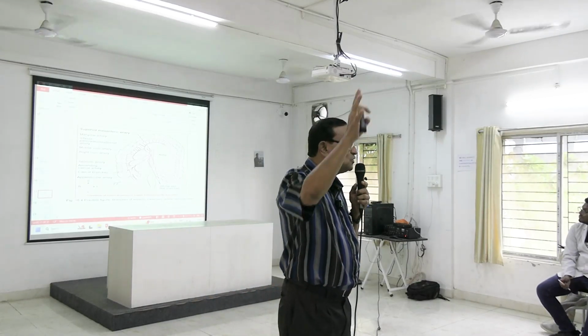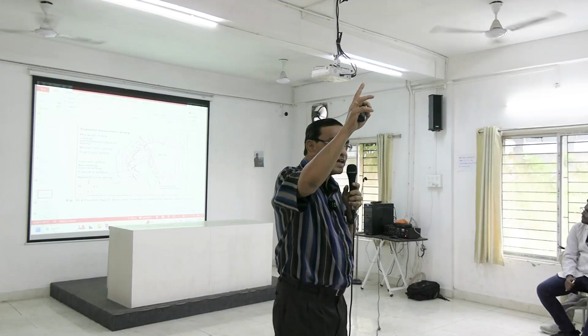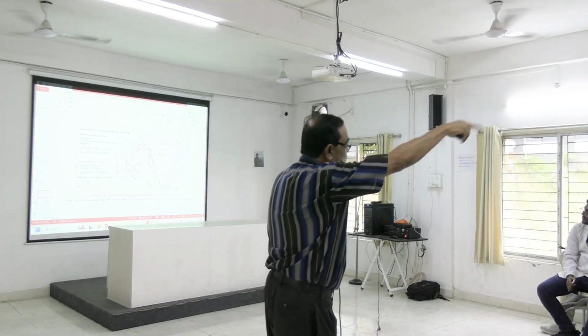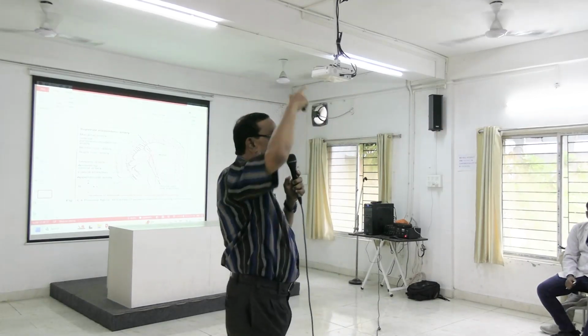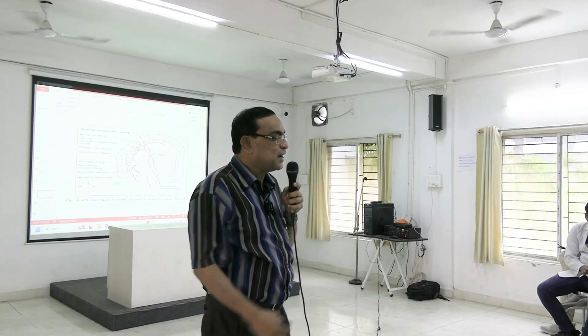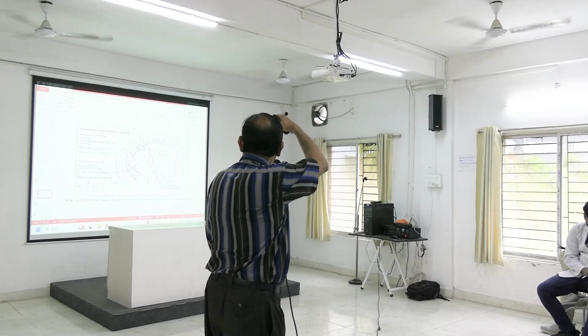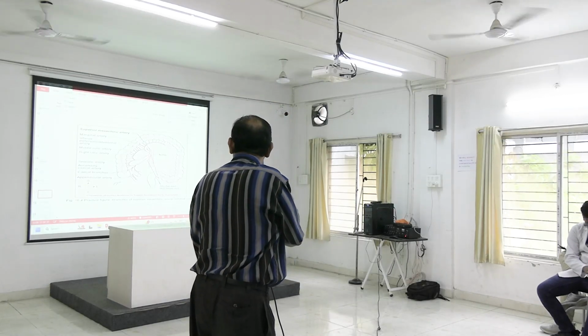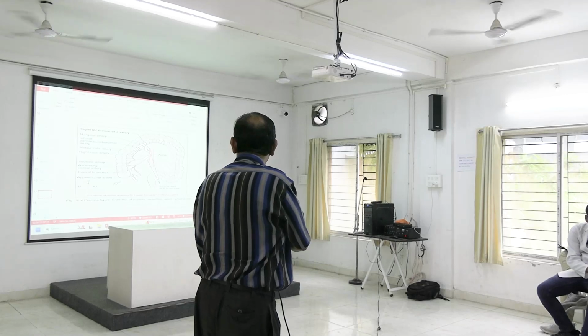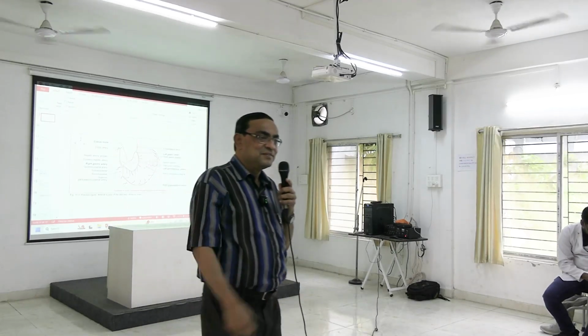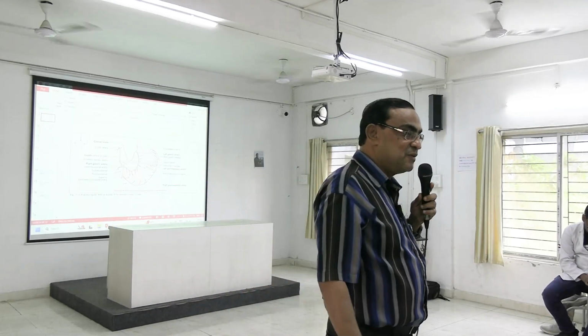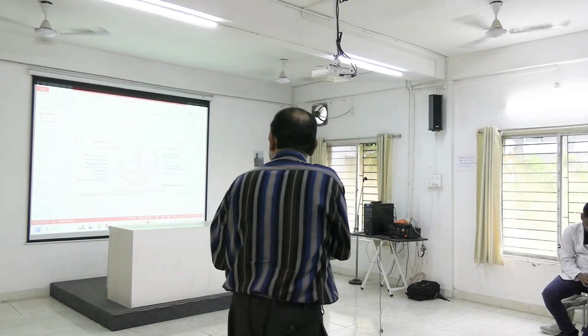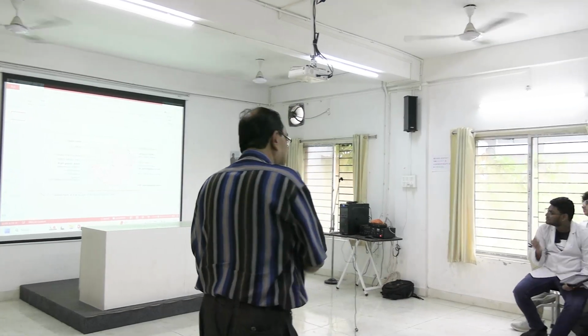The celiac trunk has three major branches: left gastric, one tortuous splenic, one common hepatic. The hepatic artery is going towards the liver, which ultimately divides into right and left hepatic arteries.